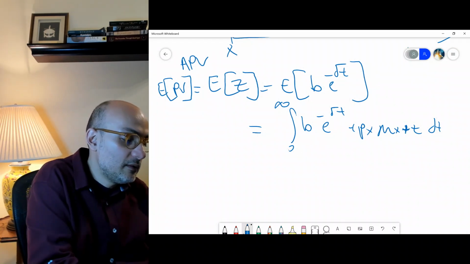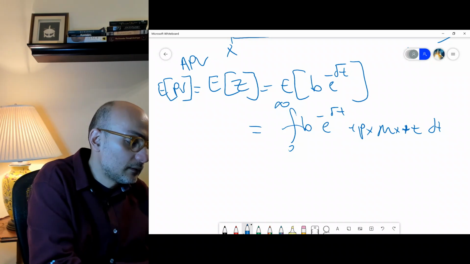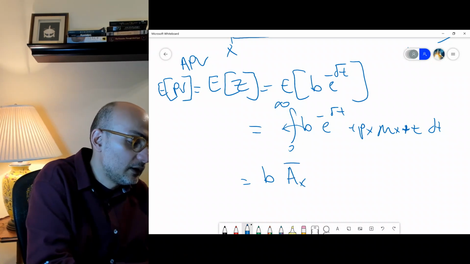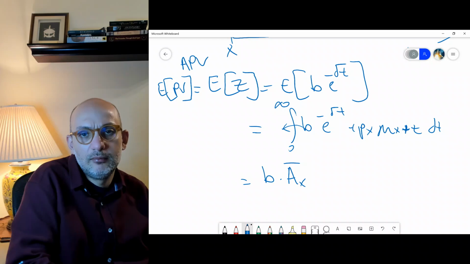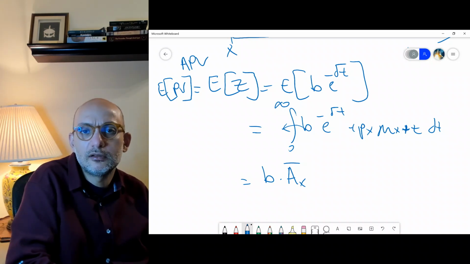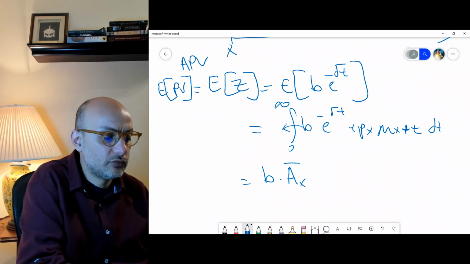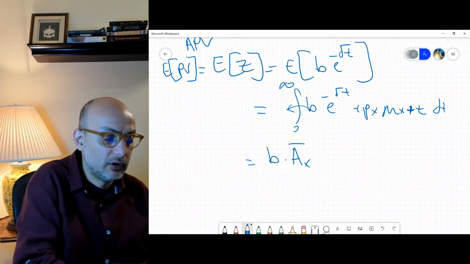We can take the B outside here, so it becomes B A bar x, right? So always if there is a payment or a benefit amount other than $1, the benefit amount can be multiplied by the actuarial value of $1 whole life insurance.